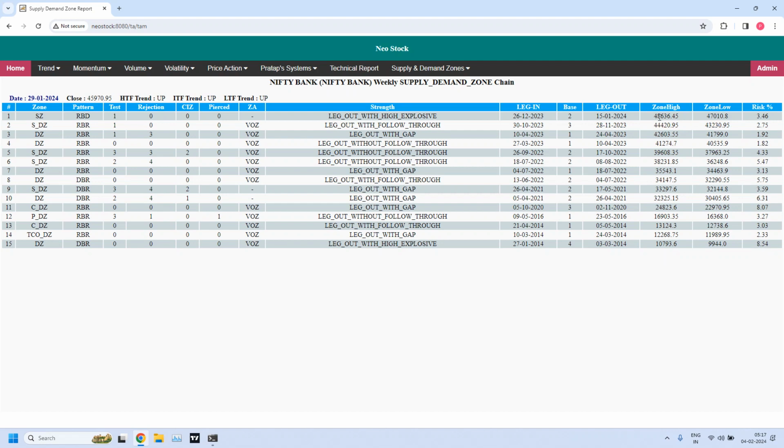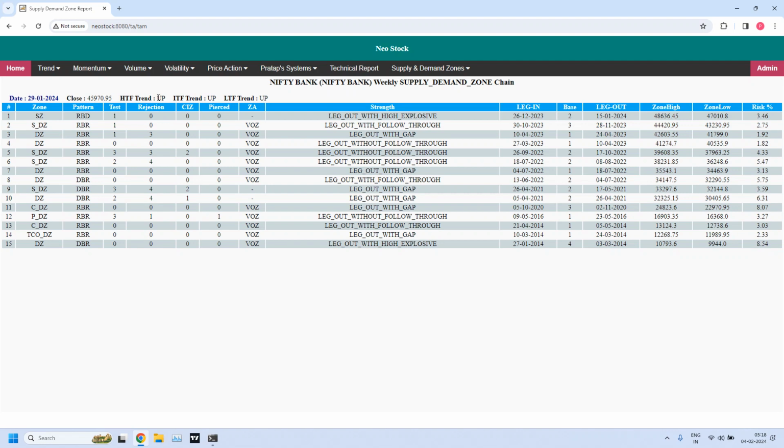And at 48,636 to 47,010 the supply zone is there. So probably currently Nifty prices, Bank Nifty prices are moving between this area. But we should not forget this is a high liquidity demand zone, daily demand zone.